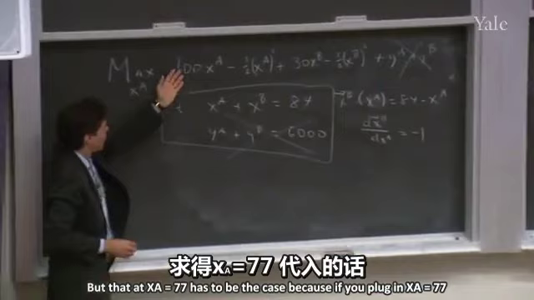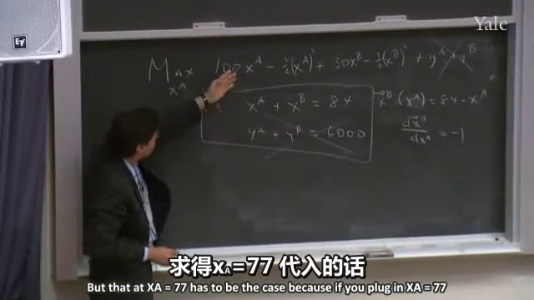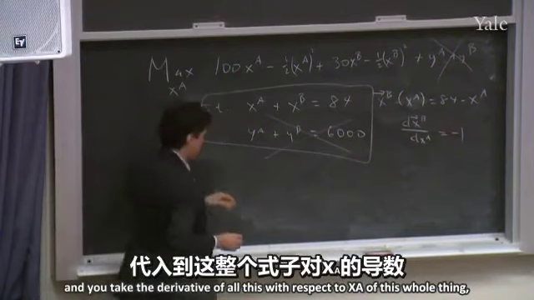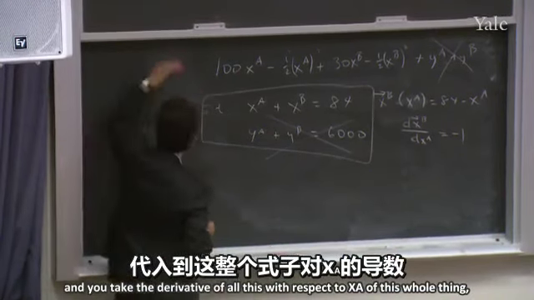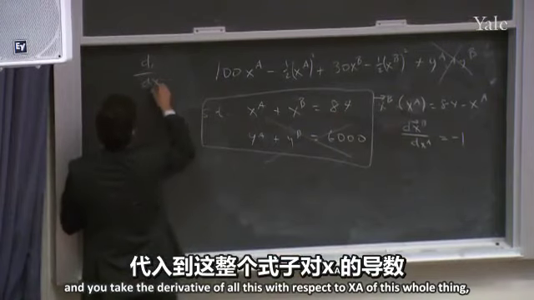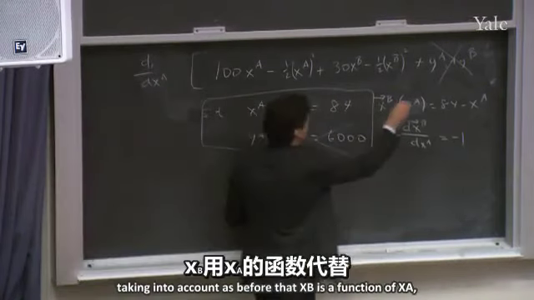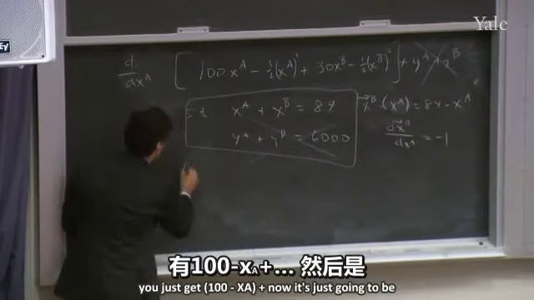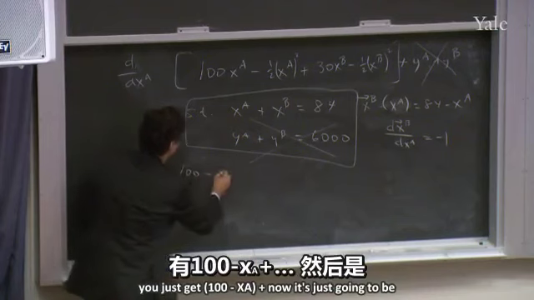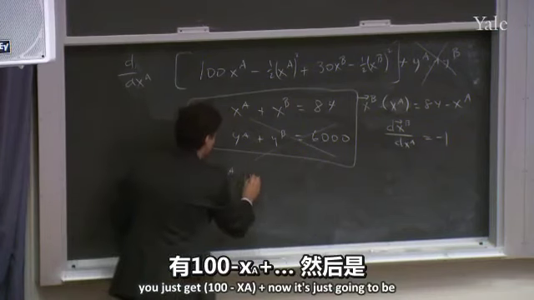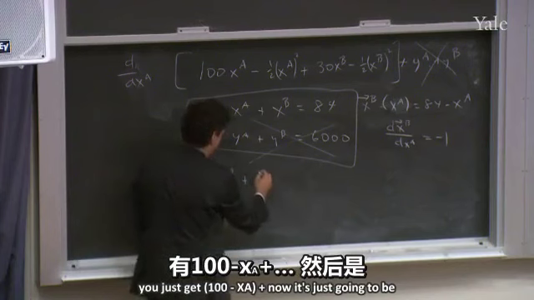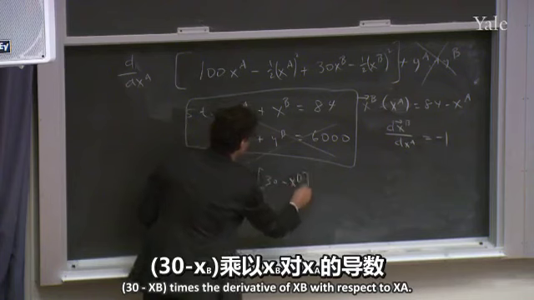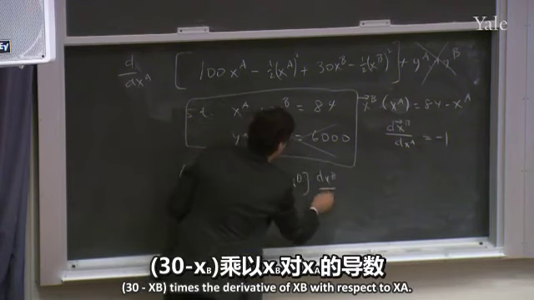But that, at XA equals 77, has to be the case, because if you plug in XA equals 77 and you take the derivative of this whole thing with respect to XA, taking into account, as before, that XB is a function of XA, you just get 100 minus XA plus 30 minus XB times the derivative of XB with respect to XA.